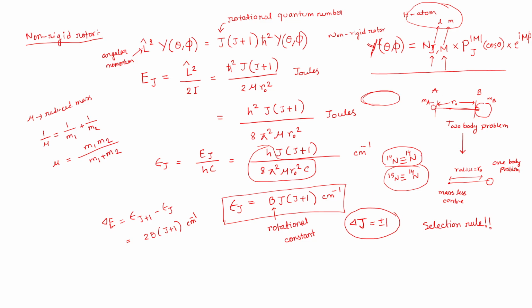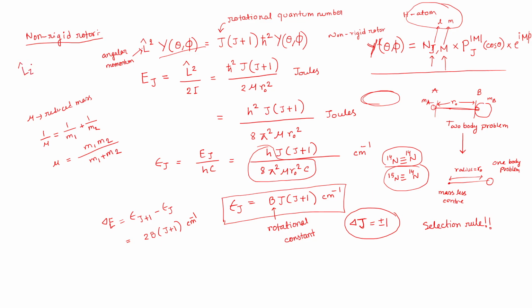So can we say that M is eventually the same thing as, suppose L square operating on your wave function gives you the value of the square of the angular momentum, which is J into J plus 1. So what will Lz give you?